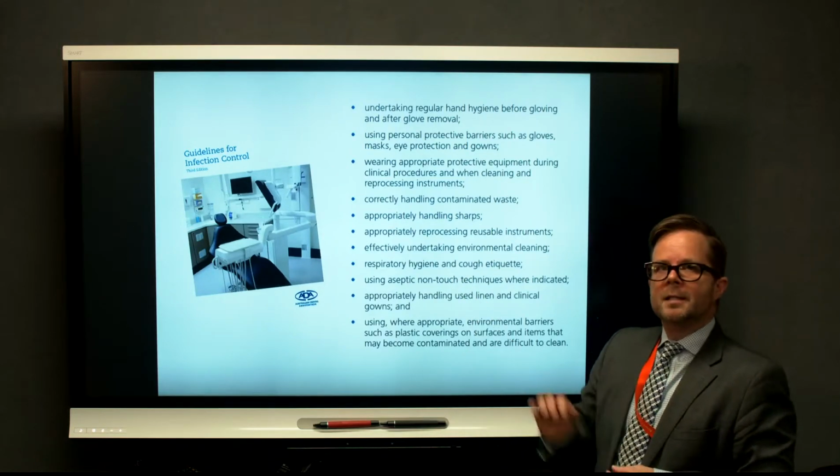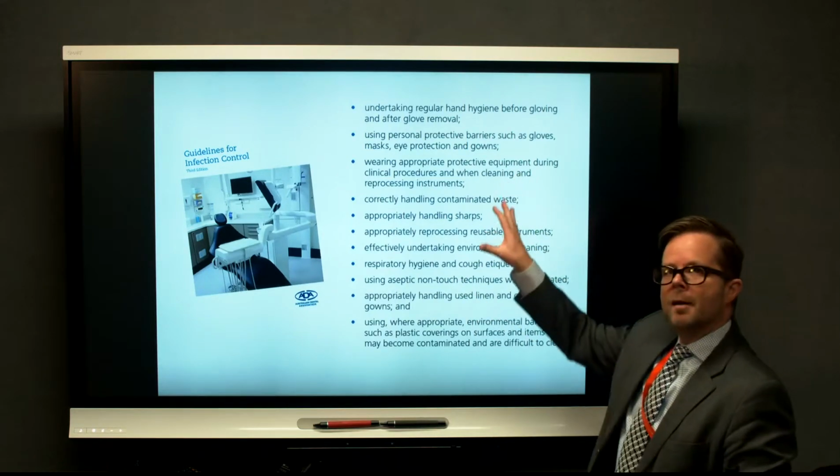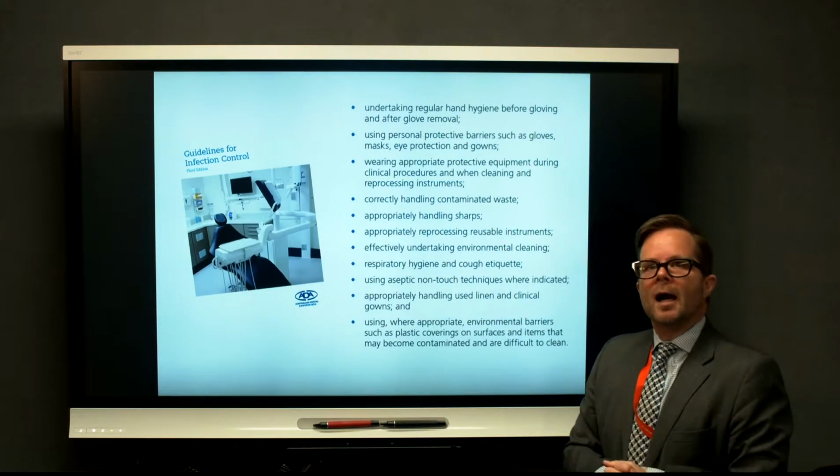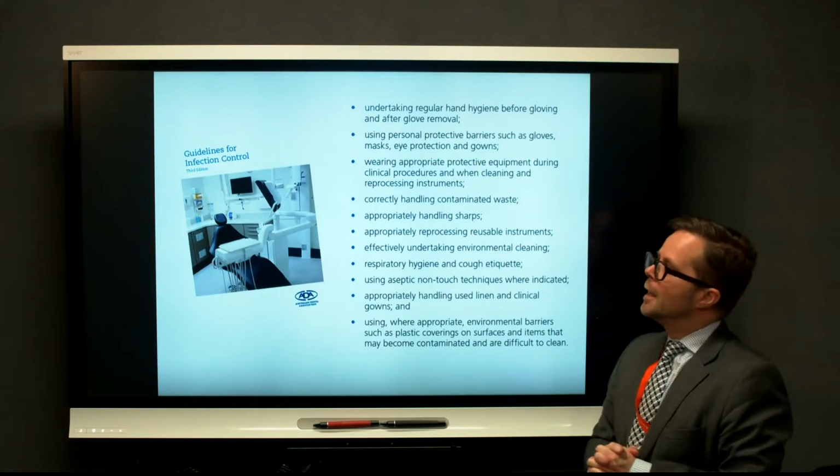So looking at the ADA guidelines again, there's a nice section that dot points those things that we should do as standard precautions.